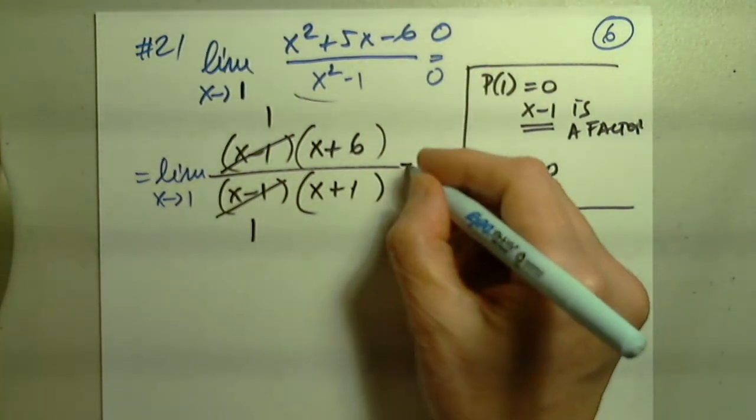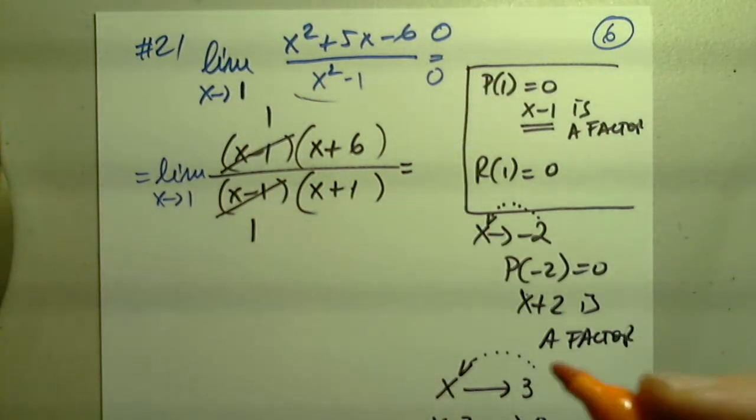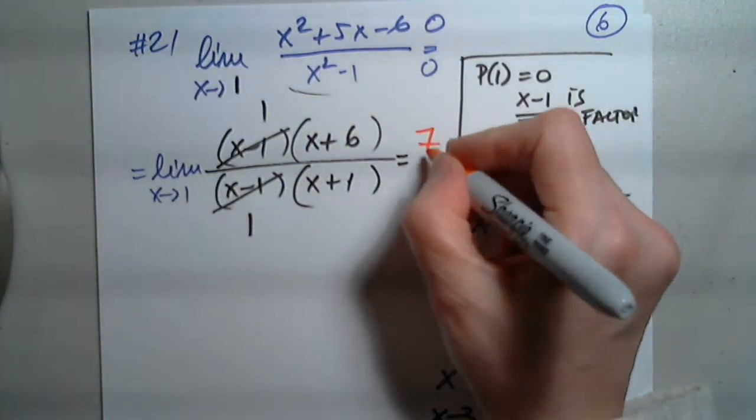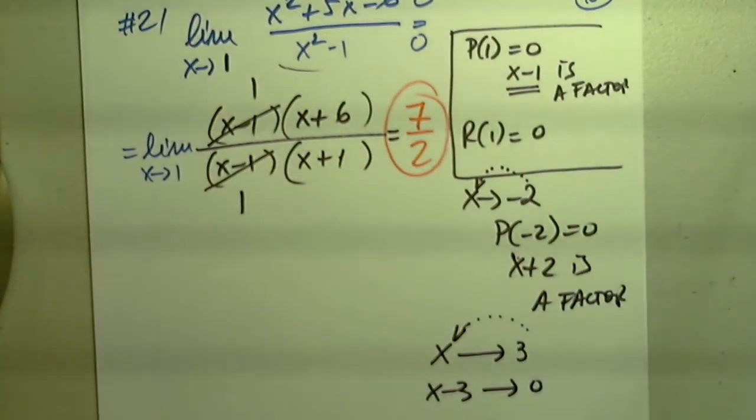And now, when I plug it in, it's all free and clear of the problem. So what is this limit? 7/2. That's it. The limit is 7/2. Excellent.